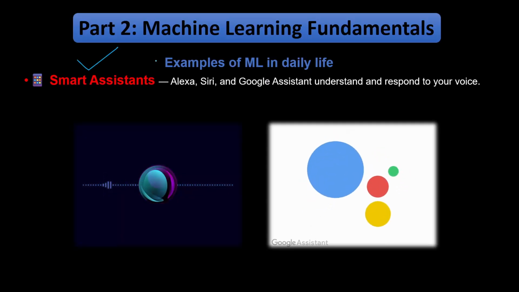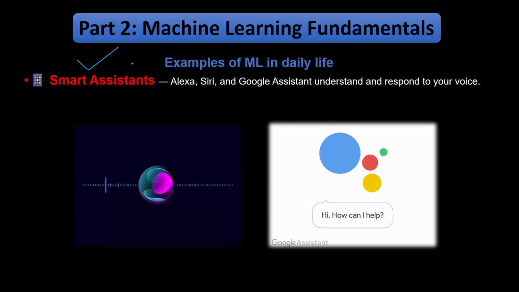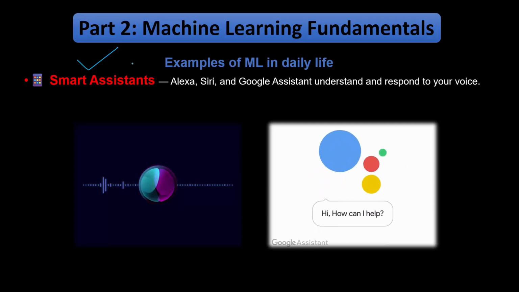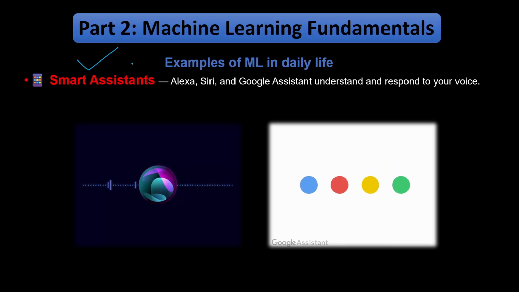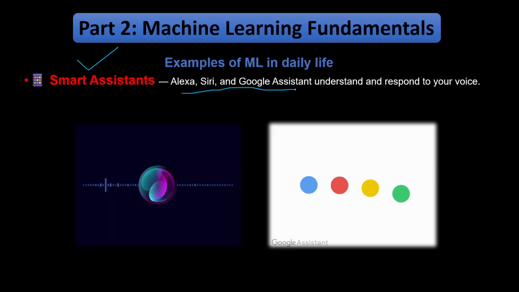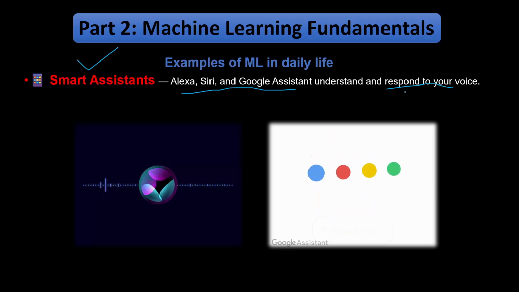Here they use machine learning NLP part, where NLP algorithms have the ability to understand, interpret and make decisions for human natural languages, such as textual or voice-based data. For example, Alexa, Siri and Google Assistant can understand human languages either through text or voice, and they can respond to your voice or text accordingly.